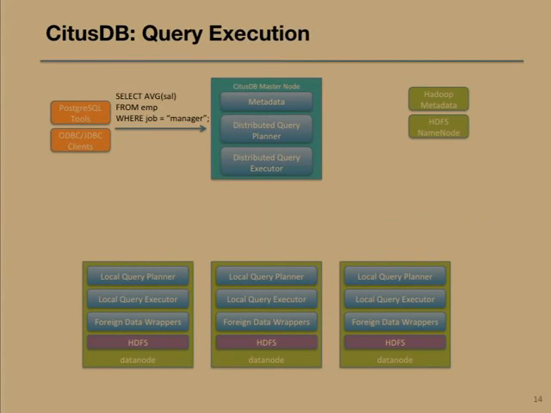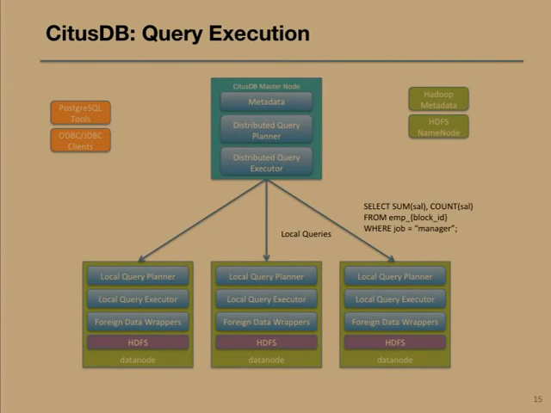Subsequently, let's say the user submits a simple aggregation query to find the average salary of managers in the organization. As a first step, we take that global query and rewrite it as a set of fragment queries that can be executed on the worker nodes.